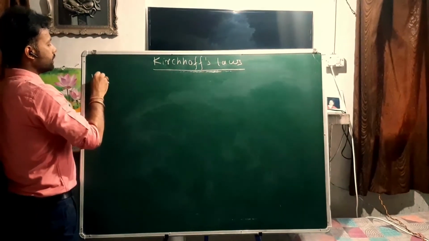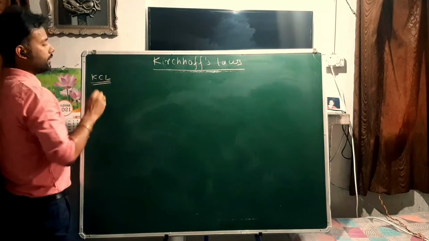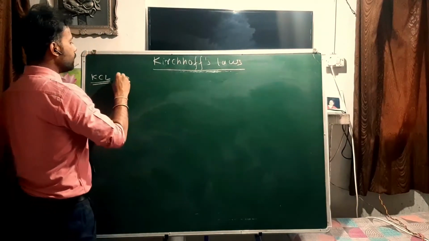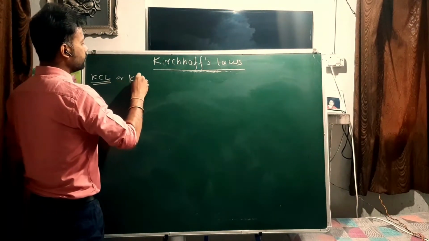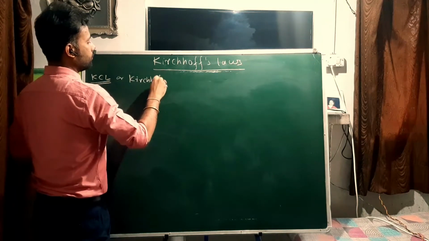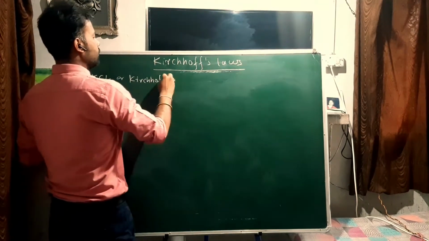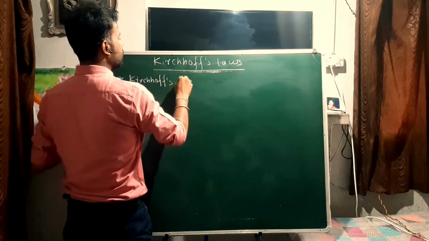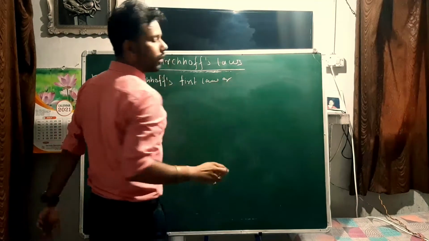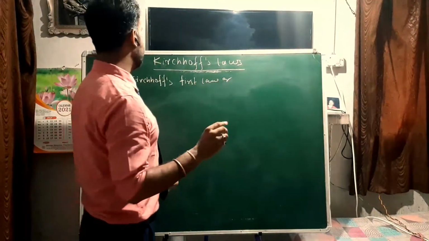KCL. It means it is the Kirchhoff current law. It is sometimes also known as Kirchhoff first law, or there is one more name which is a very important thing.